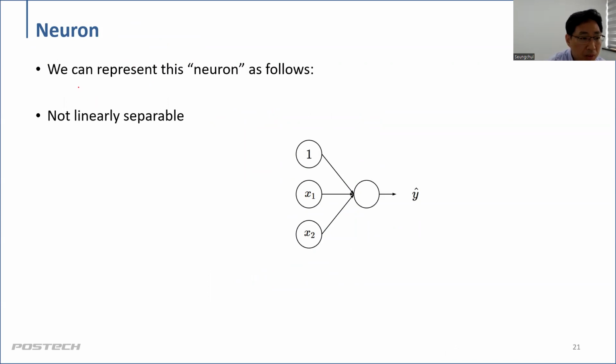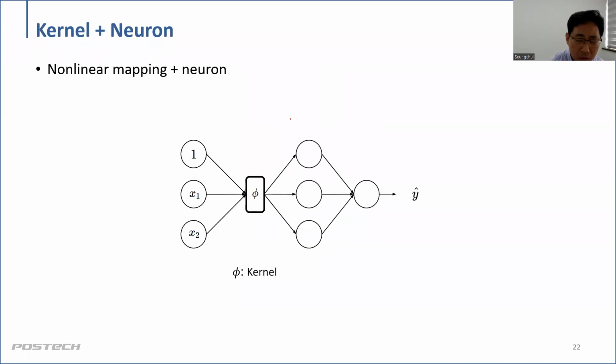Now suppose that the input is not linearly separable. What we learned in nonlinear classification is that we have some kind of kernel function, and then in this mapped space, if we have the right kernel, it is going to be linearly separable.